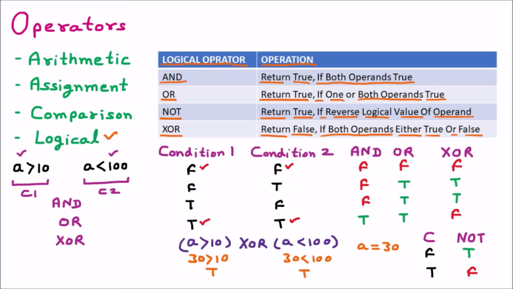So if both are true, it will give you false. So here the false will come. So this is how we can apply the logical operators. Here we have learned that there are four types of operators: arithmetic operator, assignment operator, comparison operator, and logical operator. So that is all about the operators.